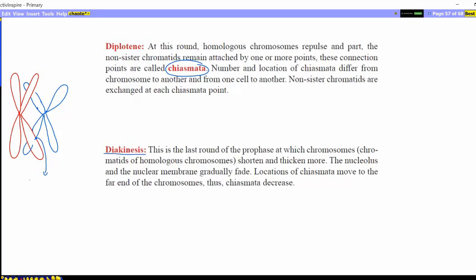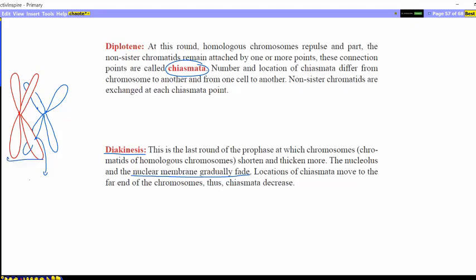In the diakinesis stage, the last stage of prophase, the homologous chromosomes shorten and thicken more. The nucleus and the nuclear membrane gradually fade. This also happens in mitosis. The location of chiasmata moves to the far end of the chromosome, so chiasmata decrease.